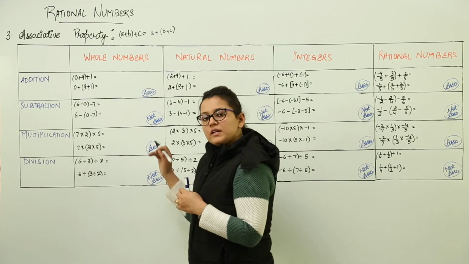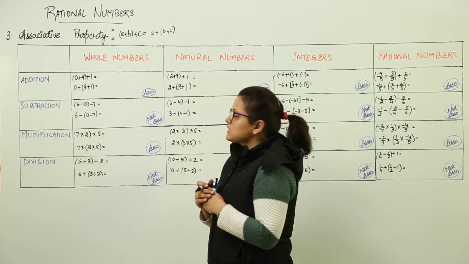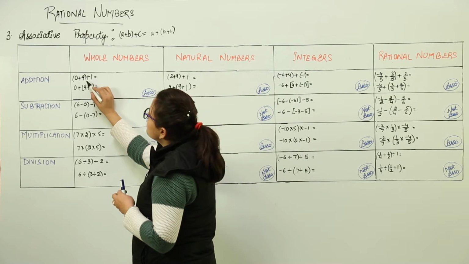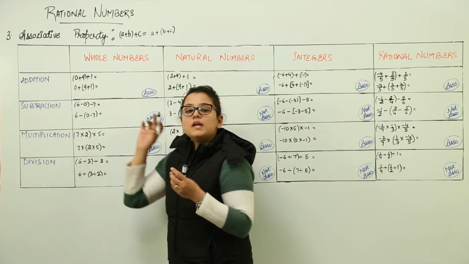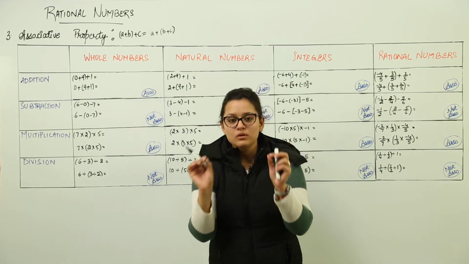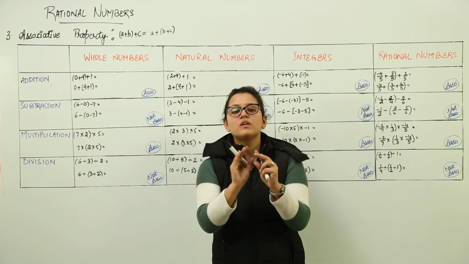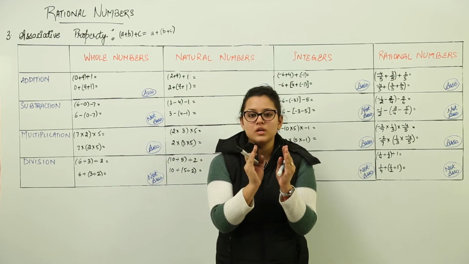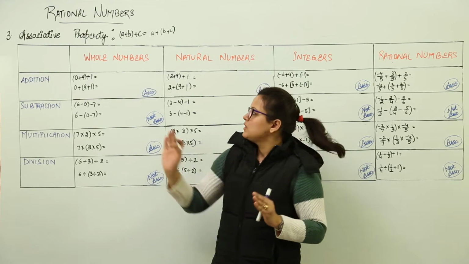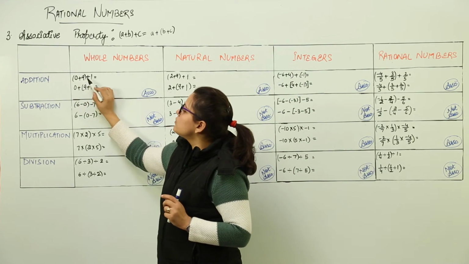Now let us verify the associative property for each case. For addition, 0 plus 9 plus 1. Let us solve the first part first. Okay, in maths there is one simple rule, that is, whenever you are given any equation, you have to solve the bracket part first. Okay, always solve the brackets first. So here what is in the brackets? 0 plus 9.